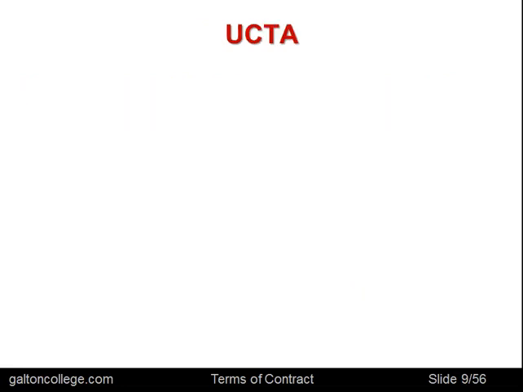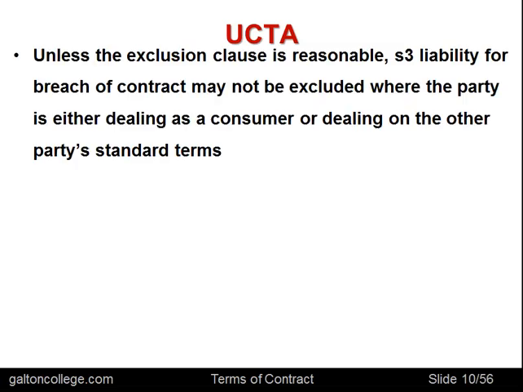Now, under the Unfair Contract Terms Act 1977, unless the exclusion clause is reasonable, under Section 3, liability for breach of contract may not be excluded where the party is either dealing as a consumer or dealing on the other party's standard terms.